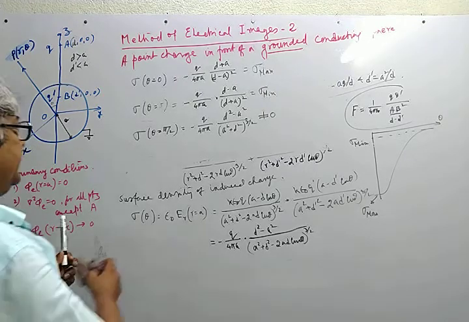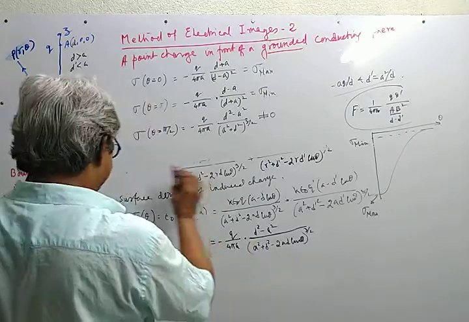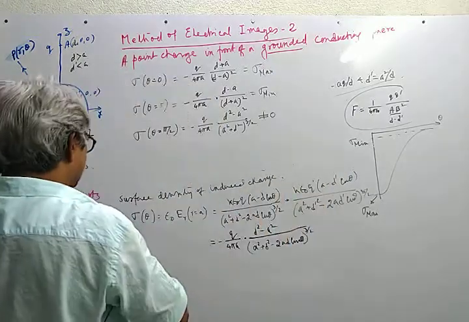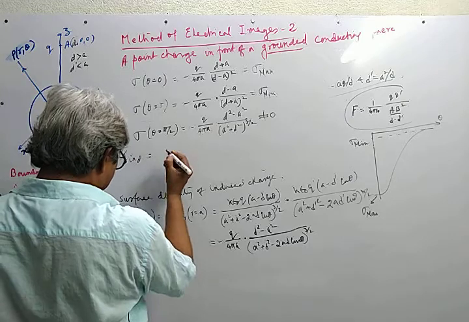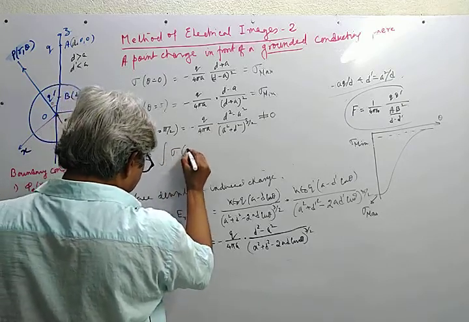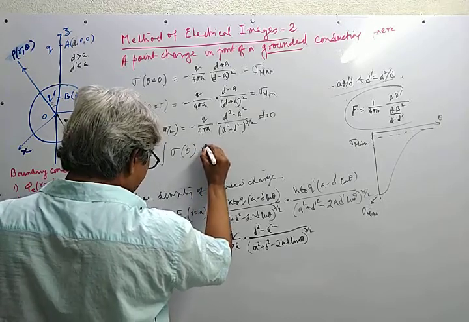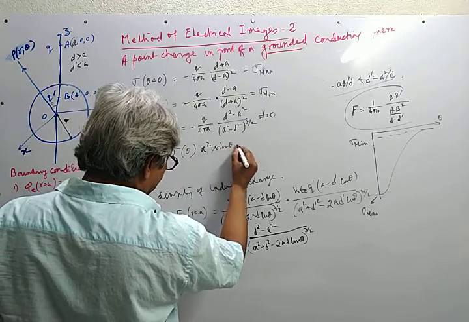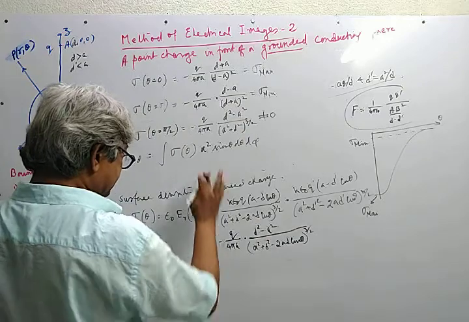The total induced charge is only the summation over this. So total induced charge Q induced is equal to sigma theta integrated over the surface of a sphere, so a square sine theta d theta d phi integrated over all space.